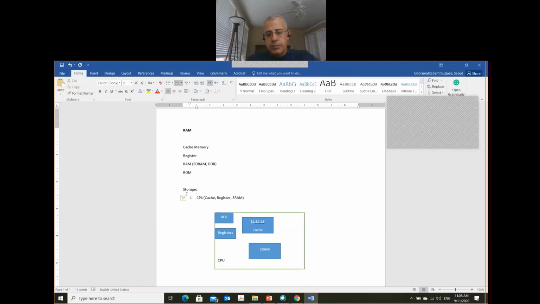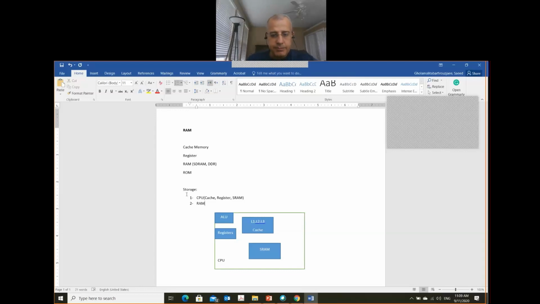All these three types of storages are very fast and very expensive. So in order to provide more storage for the computer, we need some form of memory outside the CPU. These are located outside the CPU but still on the motherboard.